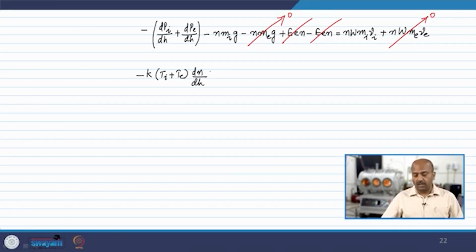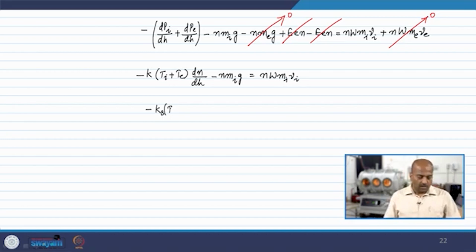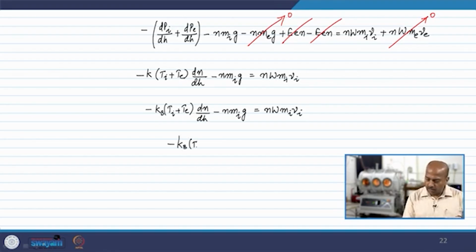I have used P is equal to nkT and got this, minus n Mi g is equal to n w Mi nu I. Slightly rearranging the equation, it is better to write kB, the Boltzmann's constant: minus kB times (Ti plus Te) dN by dH minus n Mi g is equal to n w Mi nu I, or we will rearrange it.